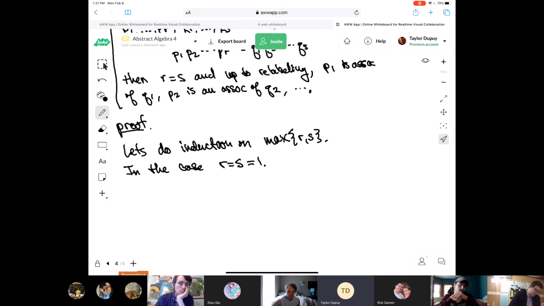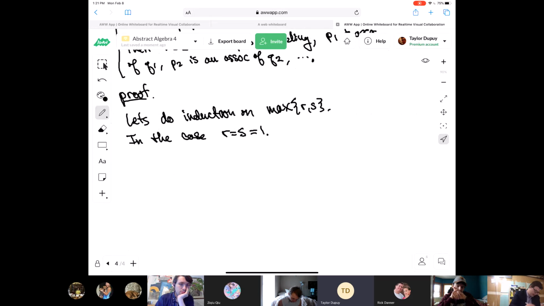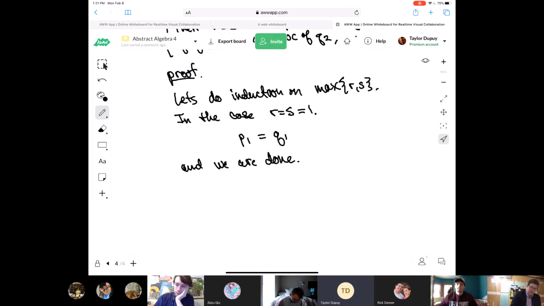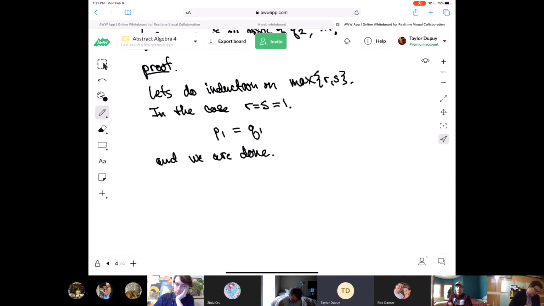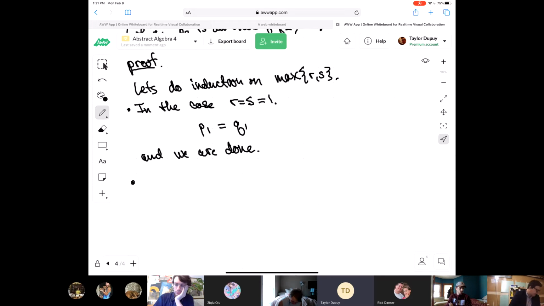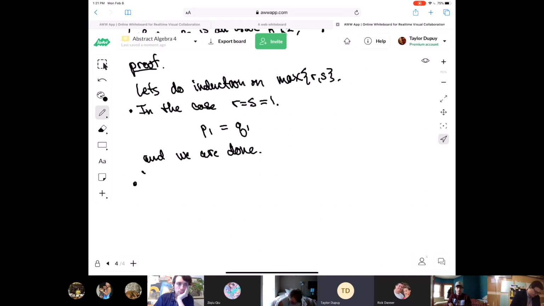In the first case, essentially we have P1 equal to Q1, and you're done. There's really nothing to the base case. Now the inductive step.